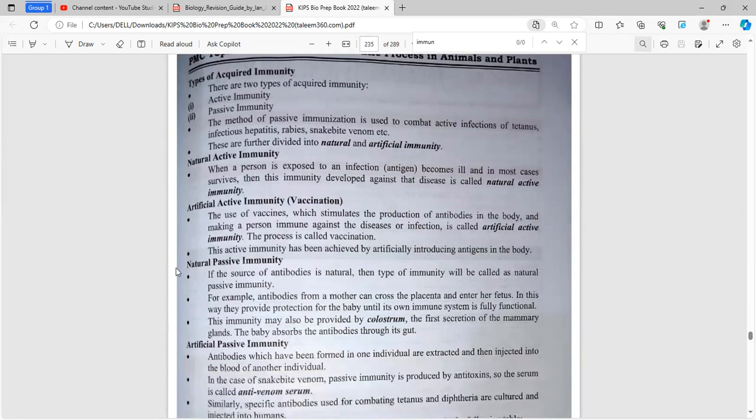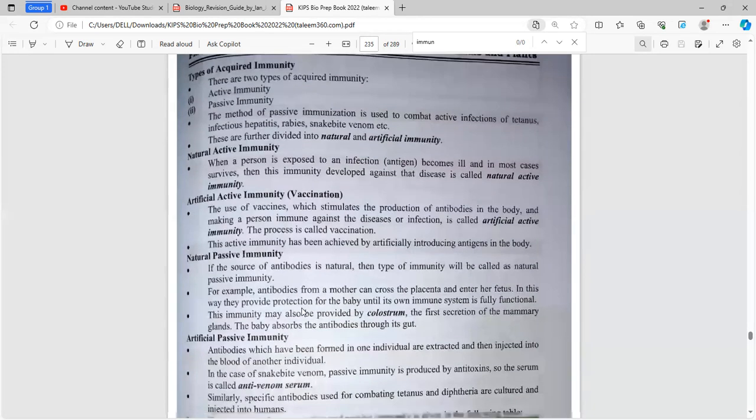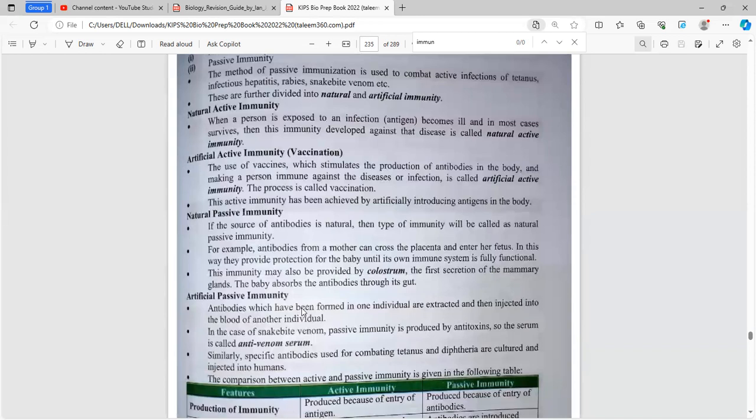Now, I've already talked to you about natural passive immunity in the colostrum, and now we will talk about artificial passive immunity. Cases of artificial passive immunity include, for example, a dog bite. If a person has not had the rabies vaccine, a person needs to develop a quick response to the virus.